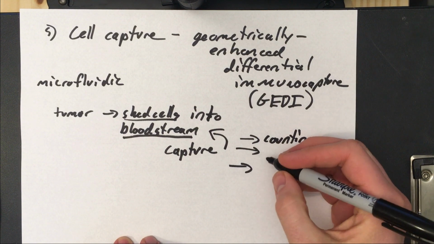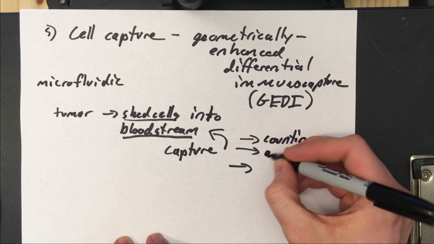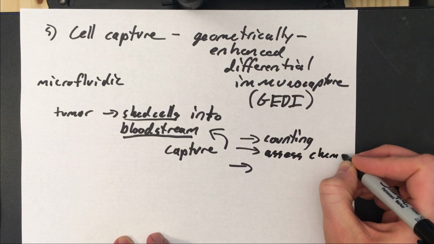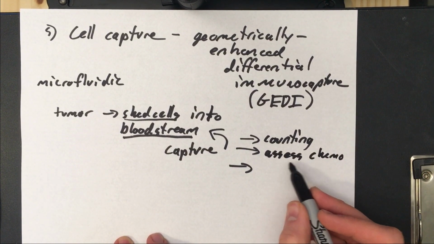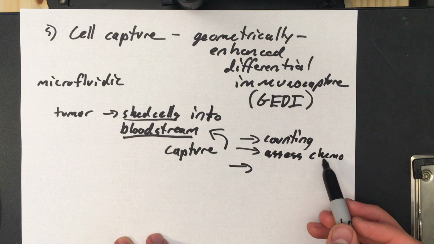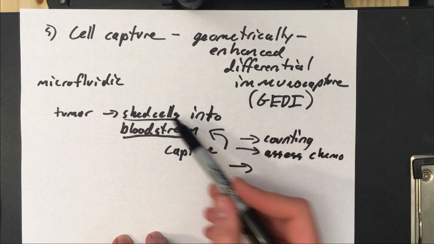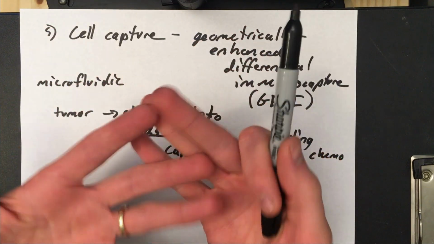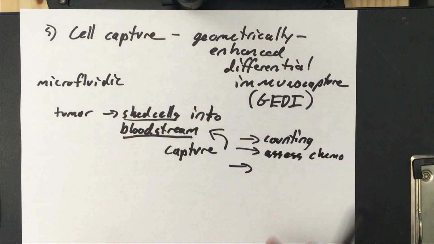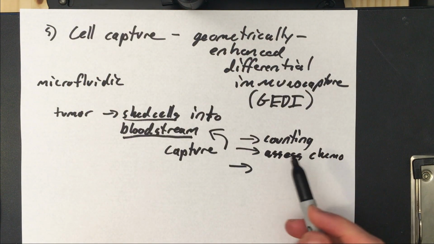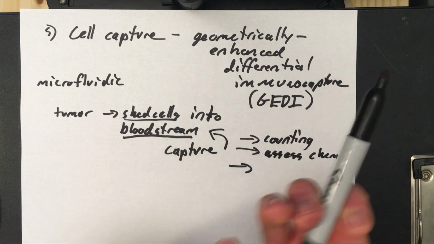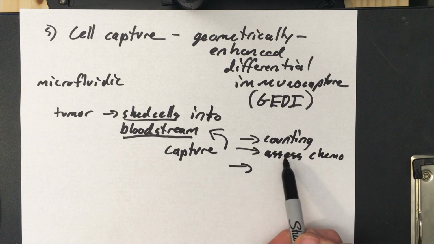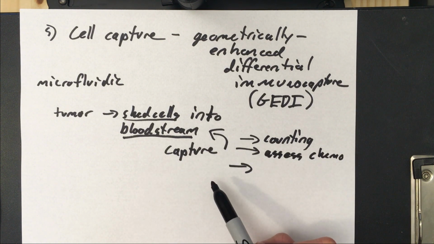A second thing that we can do is assess whether the person's chemotherapy is working. You can capture some of these cells circulating in the bloodstream and then look at the captured cells in your device with the microscope, and you can say, based on the staining and the morphology and profile of the cells, is this chemotherapy actually working to kill these cells or not?